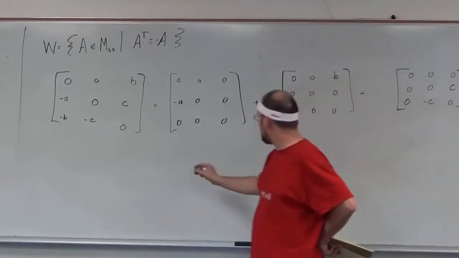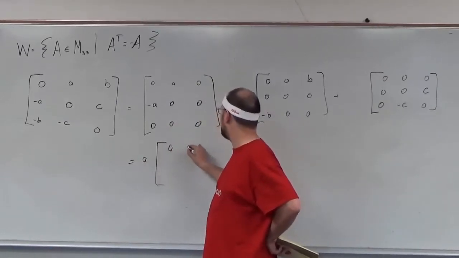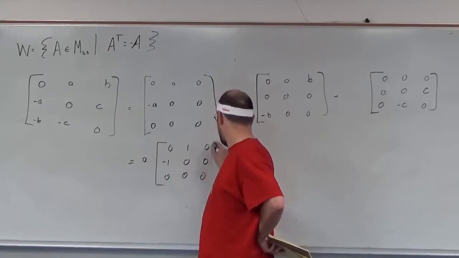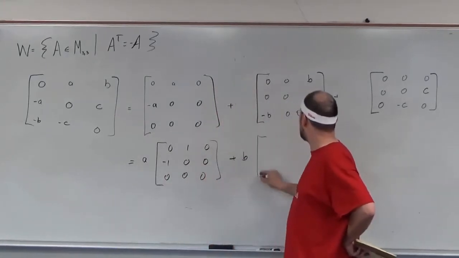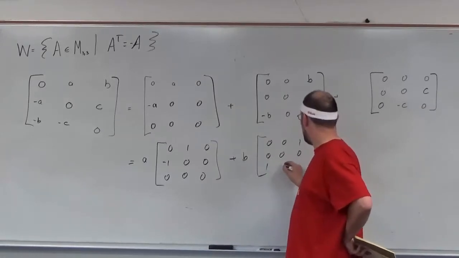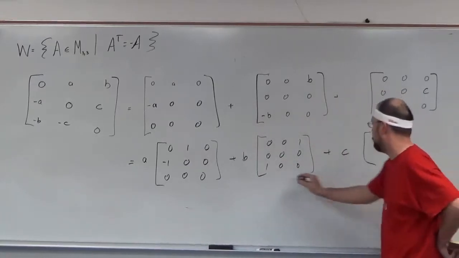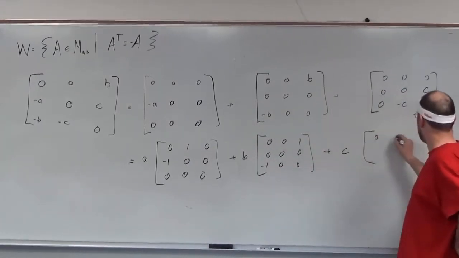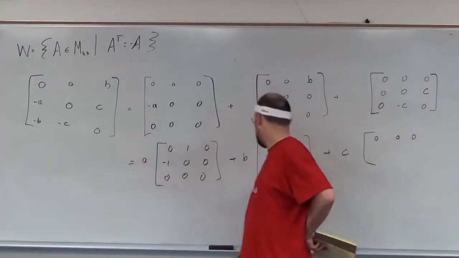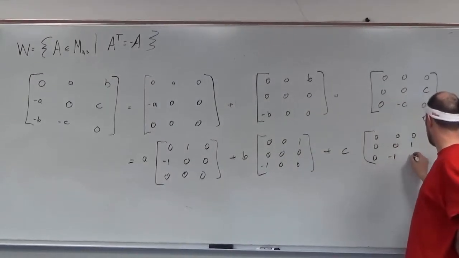And then of course you can factor out, think of this as a scalar times this particular matrix. Well, what have we just shown? What we have shown is that any skew symmetric matrix that's 3 by 3 can be expressed as a linear combination of these 3 particular matrices, right?